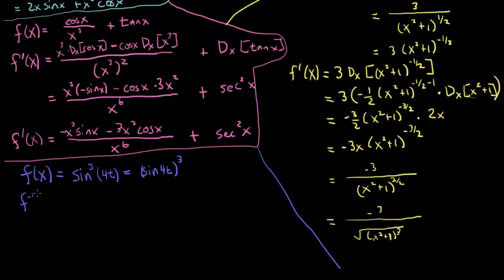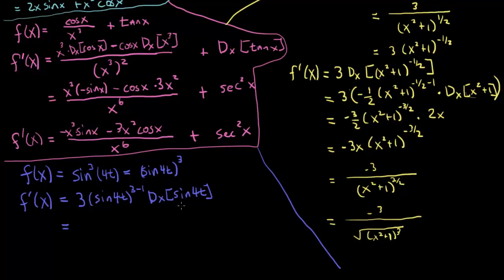We can say that f prime of x, okay, we bring the original power out front, that's 3, and then we multiply by the inside function, sine of 4t. We raise it to the n minus 1 power, so 3 minus 1 power. Then we multiply by the derivative of the inside function, sine of 4t.